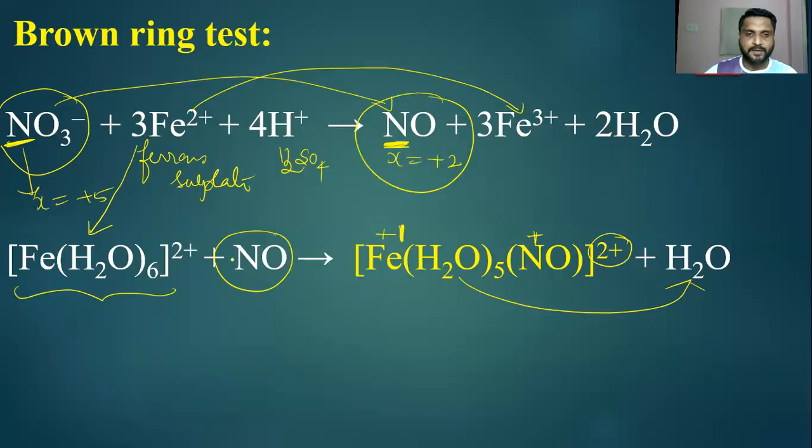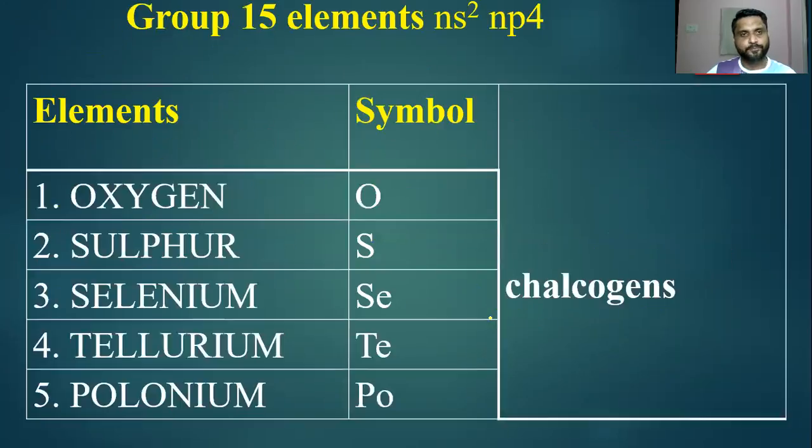That means the nitrogen from the NO has donated 1 electron to the ferrous ion, so ferrous ion becomes the +1 state. +2 becomes +1. So this is the brown ring composition. Okay, let's move on to the next one now.